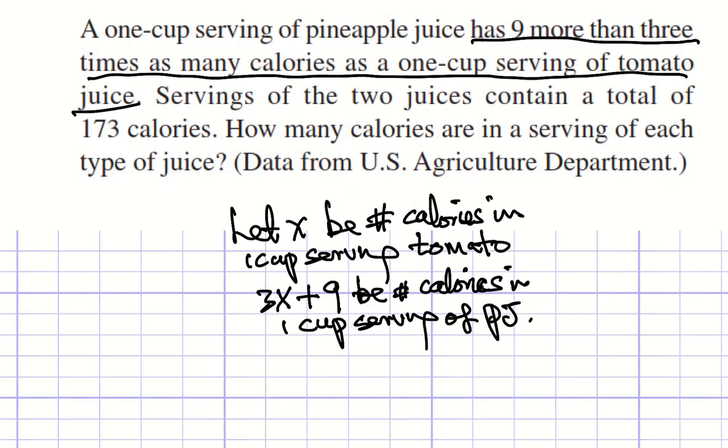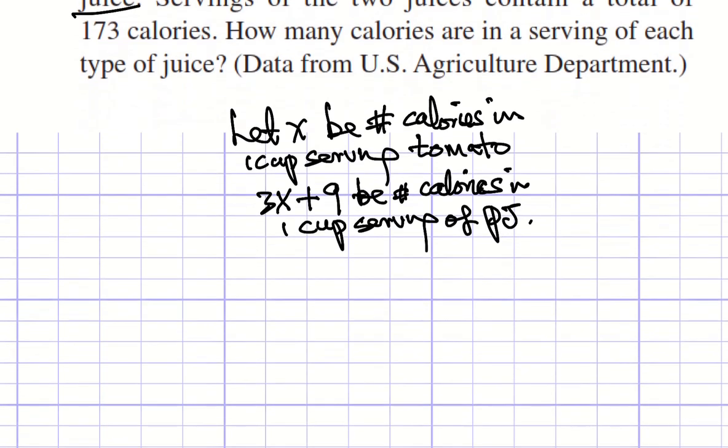Okay, that's what that's saying. So you add them together, you have your number here. If you add them together, you have x plus 3x plus 9 will give you 173. That's all that is saying.